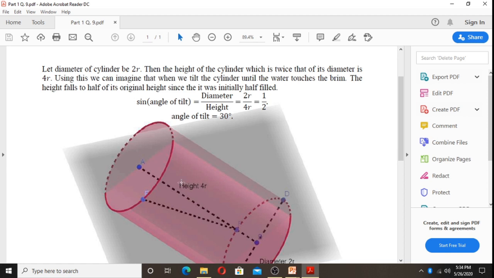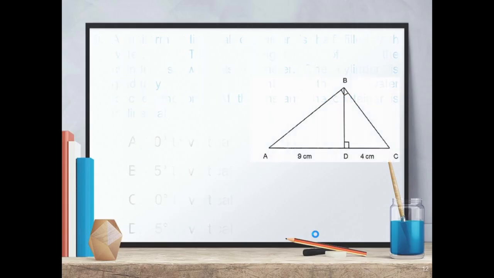And therefore what will be the sine of the angle of tilt? It is equal to diameter upon height. And diameter is twice r, height is 4r, therefore the sine of angle of tilt is 1/2, and therefore angle of tilt is 30 degree to the vertical.